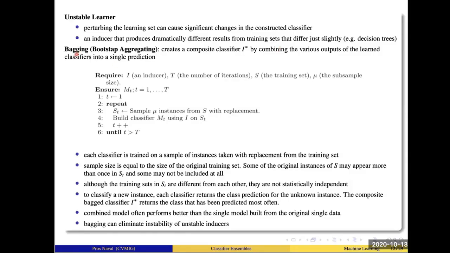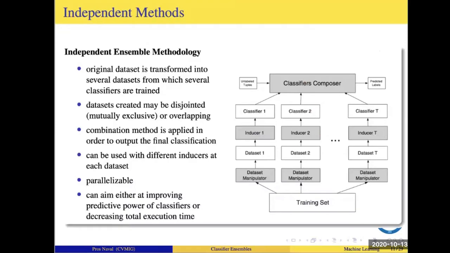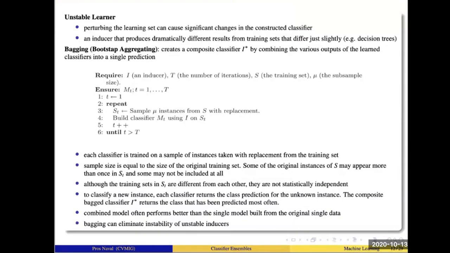Now, bagging, or bootstrap aggregating, creates a composite classifier I star by combining the various outputs of the learned classifiers into a single prediction in this manner. So the algorithm is the following. We have an inducer I, and T again is the number of iterations, S is the training set, and mu is a subsample size that is specified by the user.